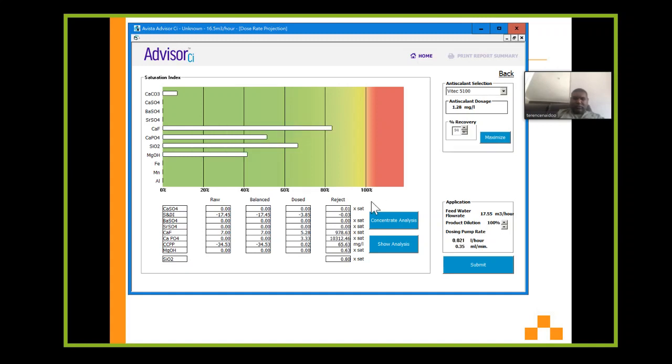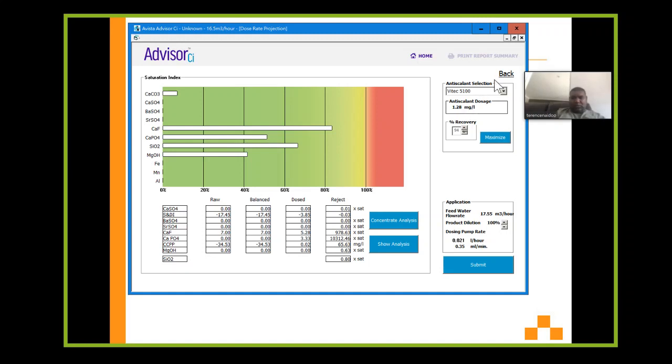So the key advantage of Avista's chemical is that you can increase the system recovery rate a lot, but still remember, don't say that unless we have done a full analysis, unless we have given you the report. But okay, this is the general idea that you can say to the customer.